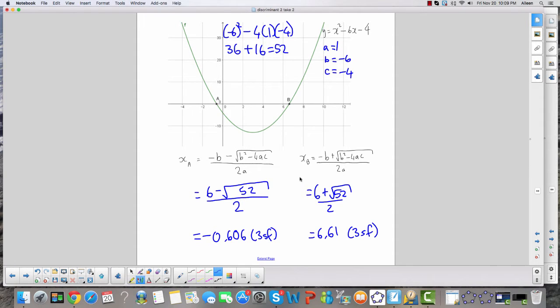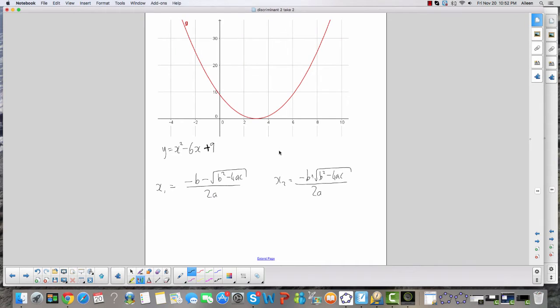We're now going to look at our second function g, which has the equation x squared minus 6x plus 9. Here let's identify that a is equal to 1, b is equal to -6, and c is equal to +9. Plugging this into our formula, we have -b minus the square root of b squared minus 4ac, divided by 2 times a, which is 2.